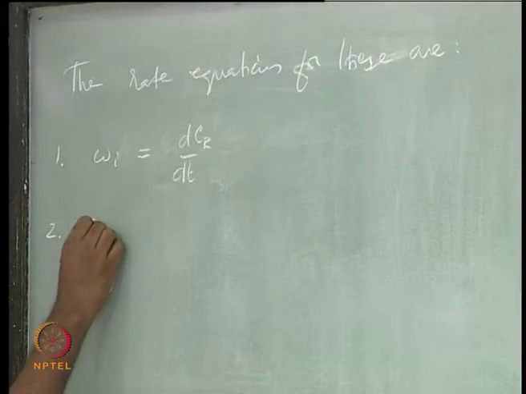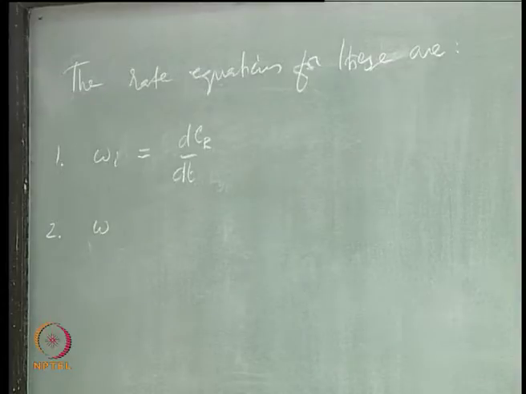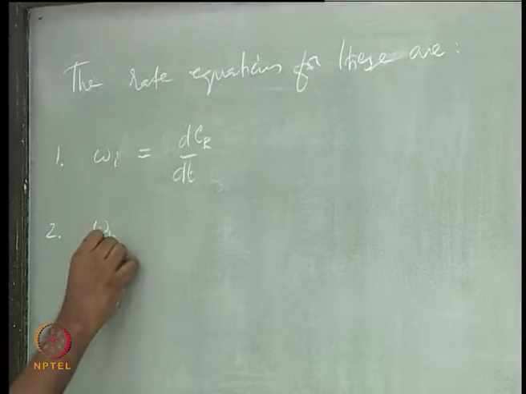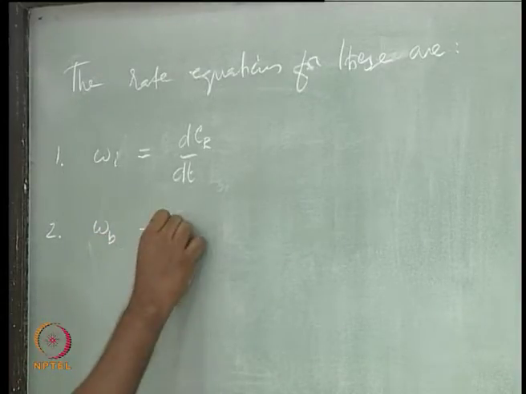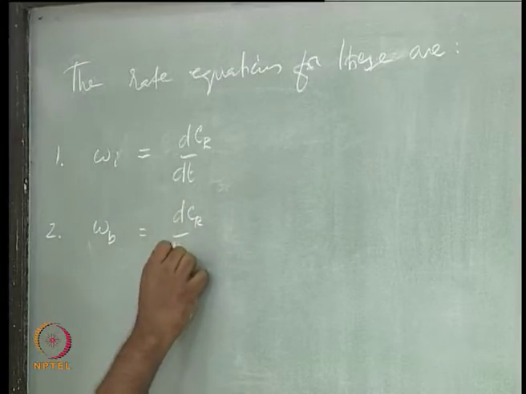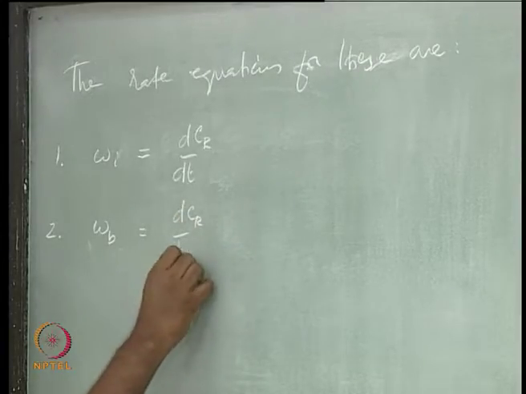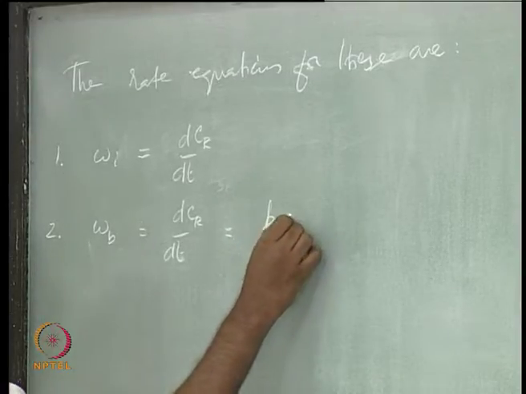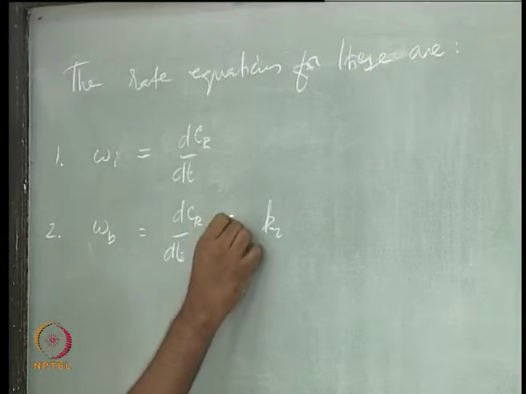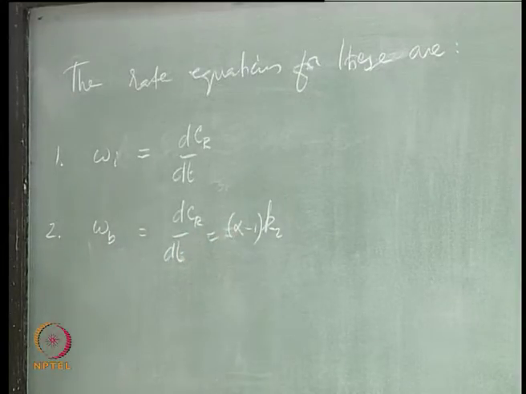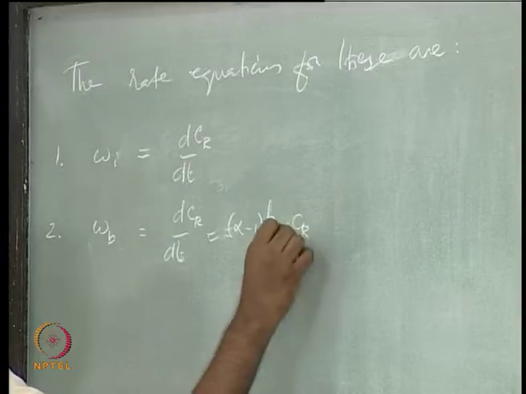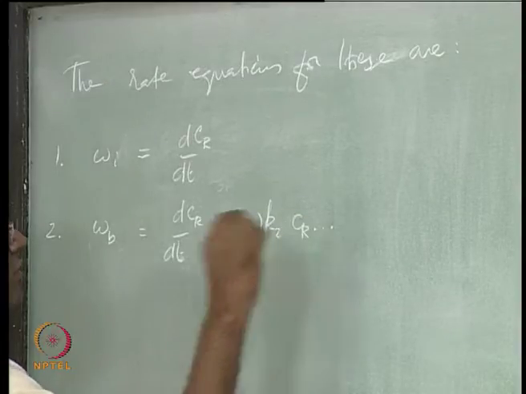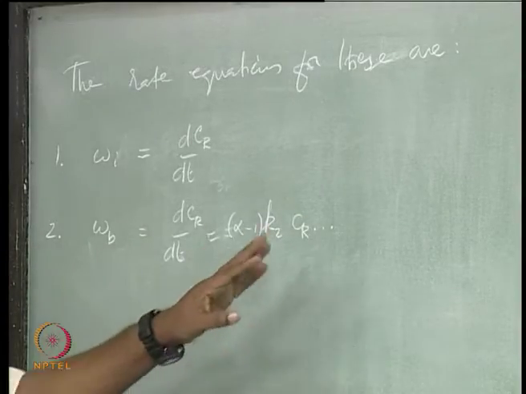Second, let us call this chain branching, so we will call this omega B, which is equal to dCr over dt as well. For this reaction, strictly speaking I should write (alpha minus 1) K2 Cr times other things which are hidden.